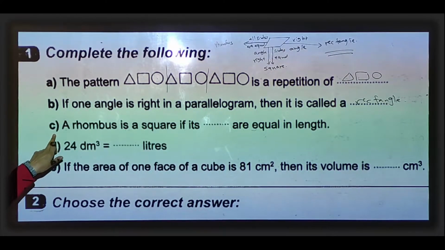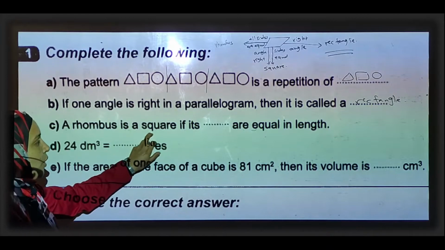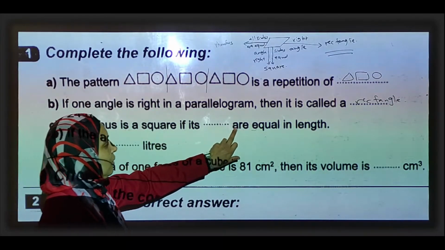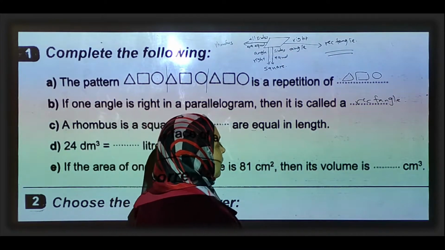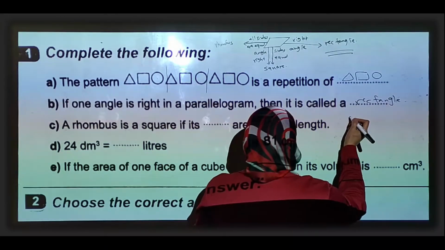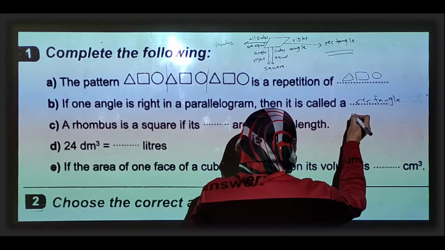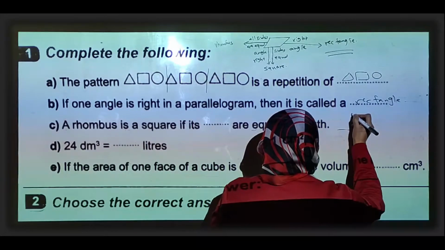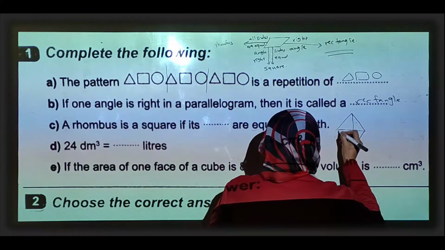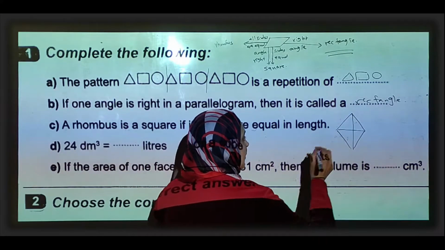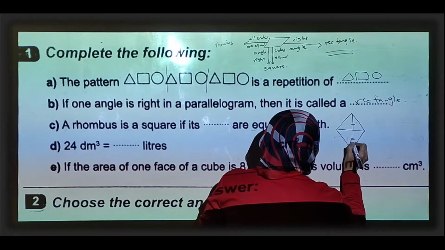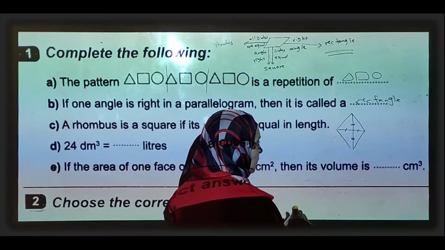Number C, a rhombus is a square if its what are equal in length. The rhombus has 2 diagonals. The 2 diagonals are not equal in length.